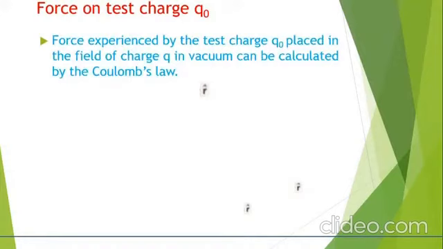Finally, we have to calculate the force on the test positive charge Q naught. The force experienced by the test positive charge Q naught when placed in the field of the charge Q in a vacuum can be calculated by Coulomb's law.